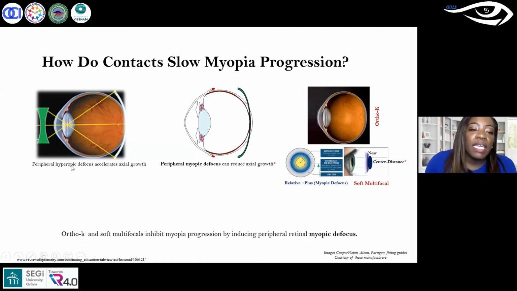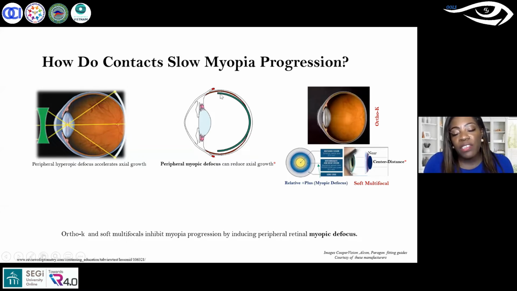Well, the theory is that peripheral hyperopic defocus accelerates axial growth. So with spectacles, the image is focused on the retina centrally, but in the periphery, it is behind the retina. And as such, there's this hyperopic defocus that stimulates the eye to grow. With peripheral myopic defocus, the image is in front of the retina and as such does not stimulate the eye to grow.